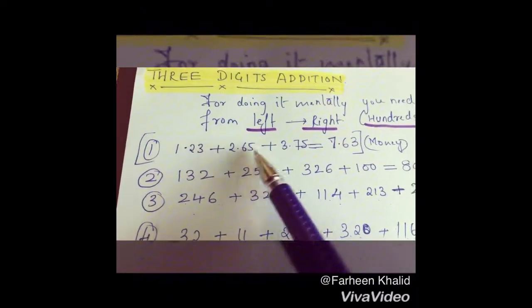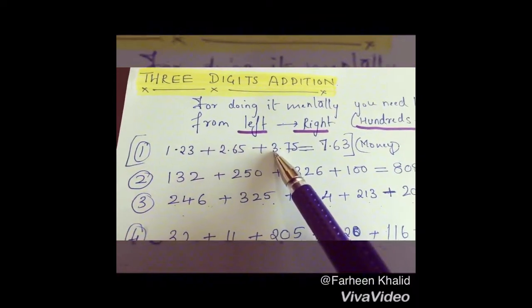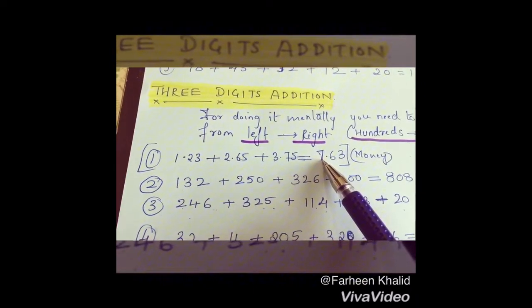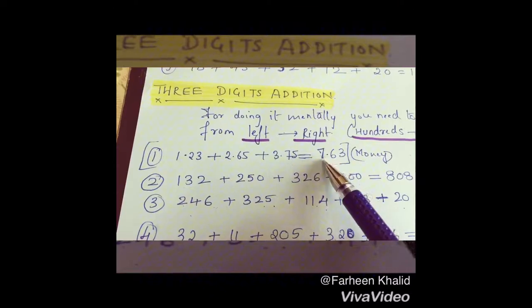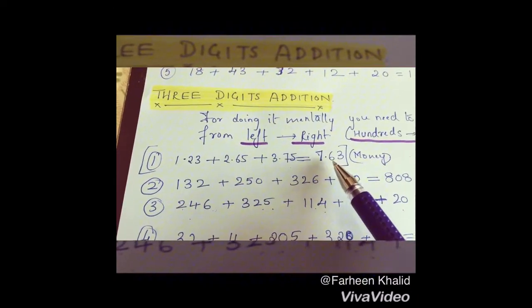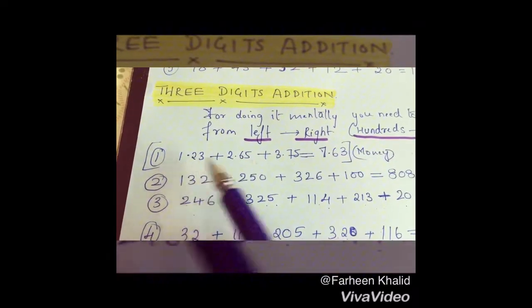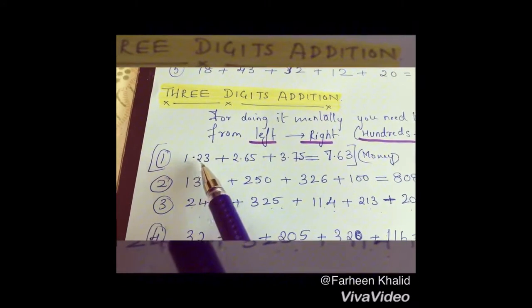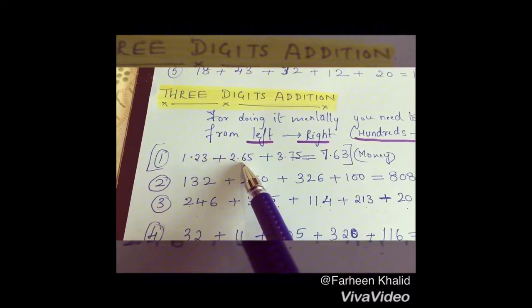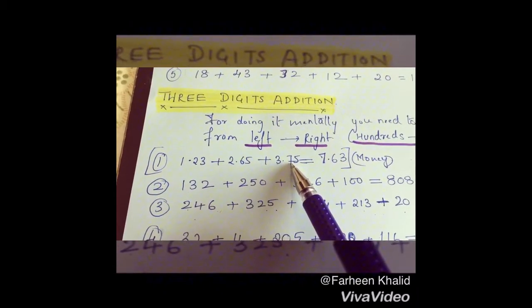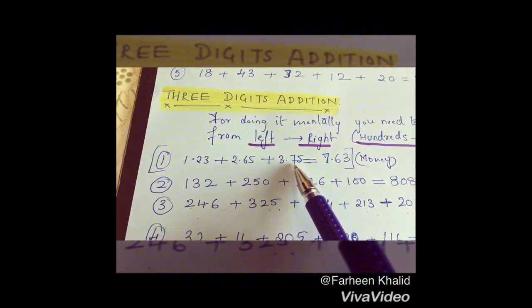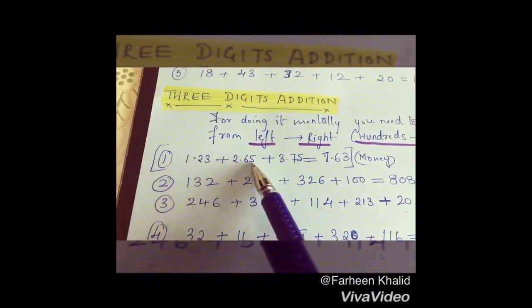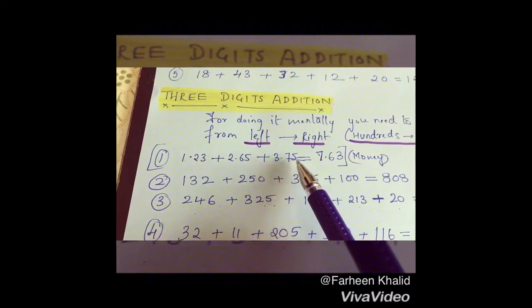Now let's do it once again mentally. This is 100 plus 200, which is 300, 300 plus 300 is 600, 620, 680, and again I quickly put the 2, so 680, so it's 750, 753, 758, 763.